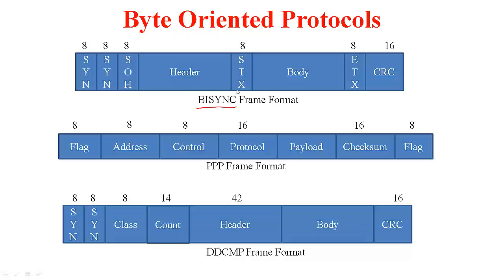So in the BISYNC protocol, a lot of sentinels are used to indicate several things. So the sync is used to indicate the start of the frame. Start of header is used to indicate the start of the header. Start of text is used to indicate the start of the body, which is the payload, and end of text is used to indicate the end of this particular body.